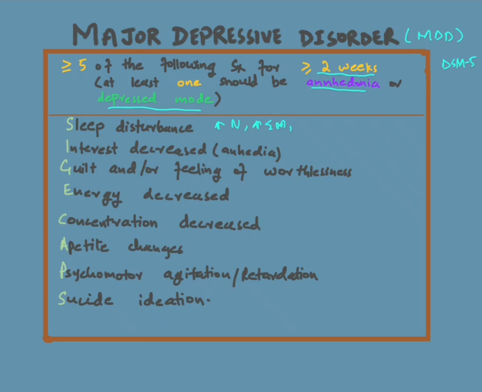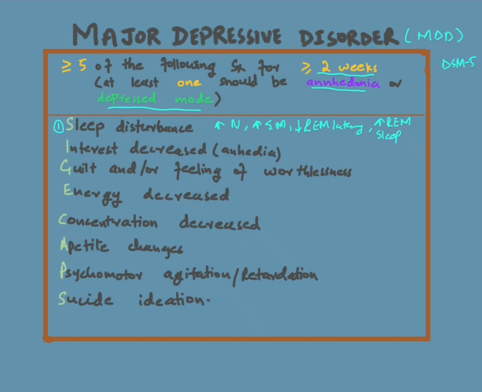So normally it is 90 minutes, but in a depressed individual, it can be, for example, 60 minutes. So the REM latency is decreased, but overall the REM duration is actually increased. Overall, during sleep, you'll get more REM sleep. So that was the first one.